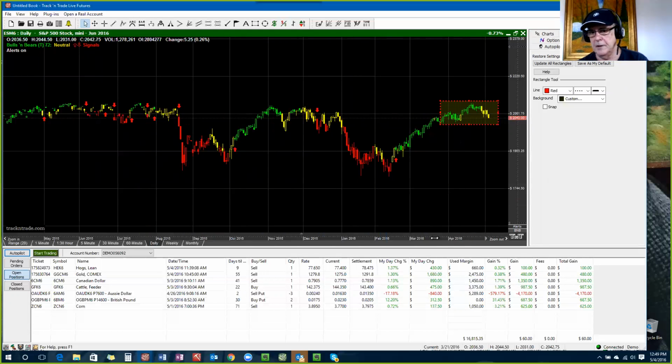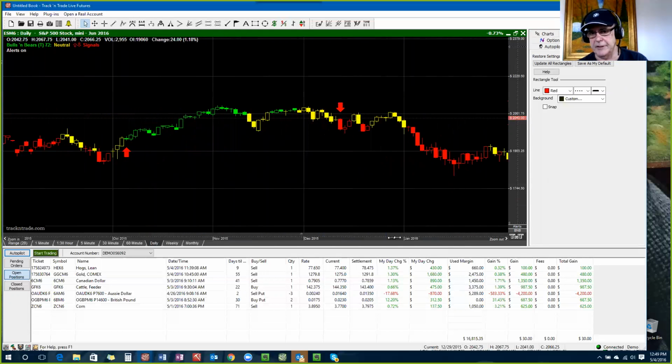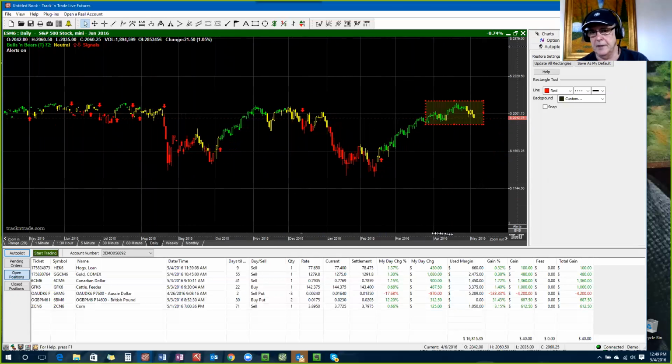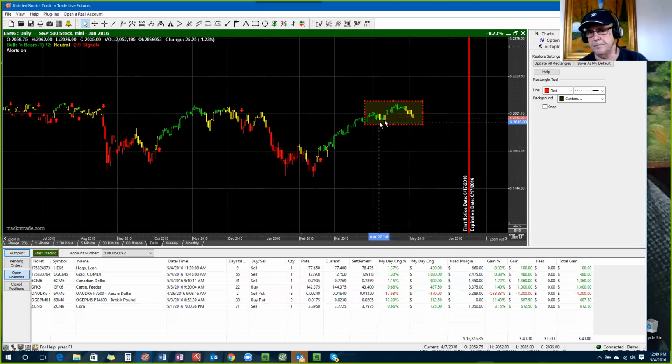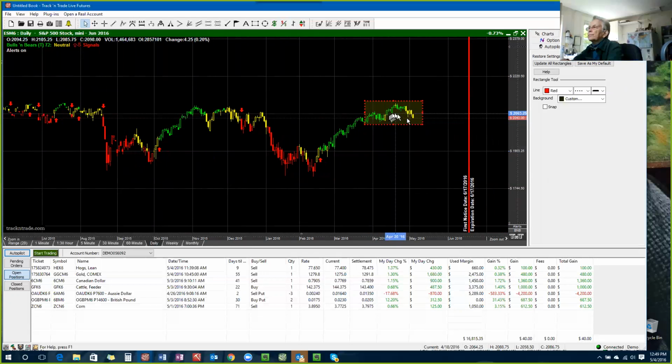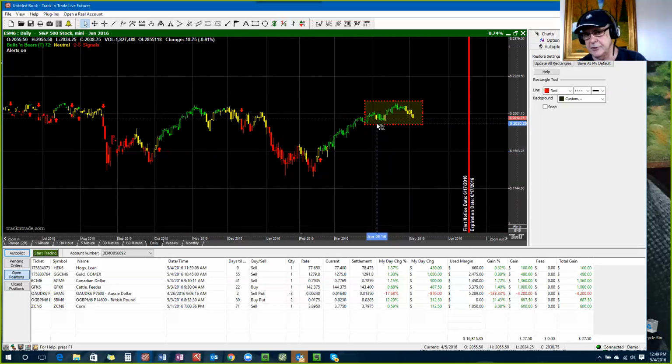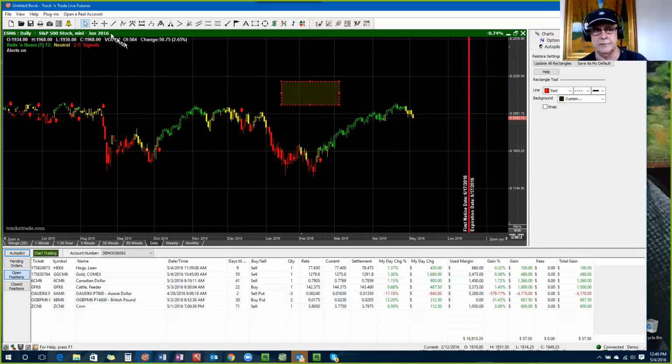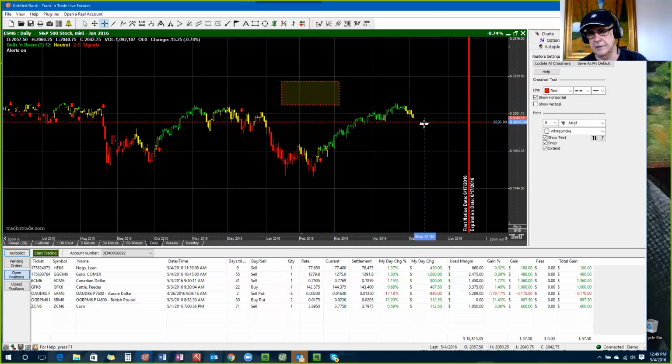But right now, what I don't like about the S&P, and I think I mentioned that this morning, is it's not trending. It's choppy. It goes up, comes down, goes up, comes down. Let's see if this support down in here holds. And if this support holds, then that market bounces.